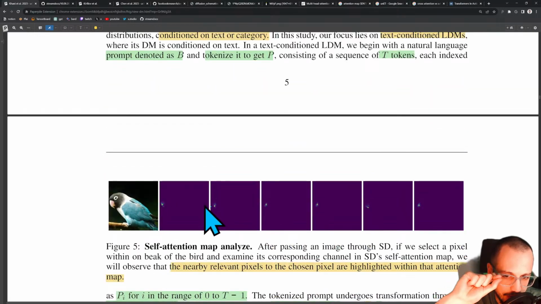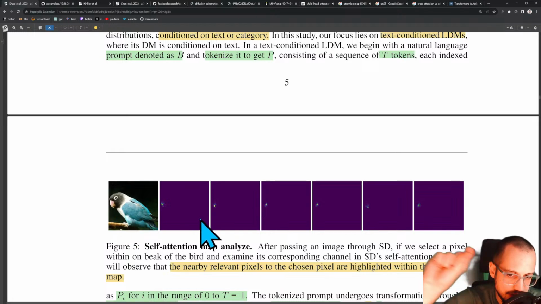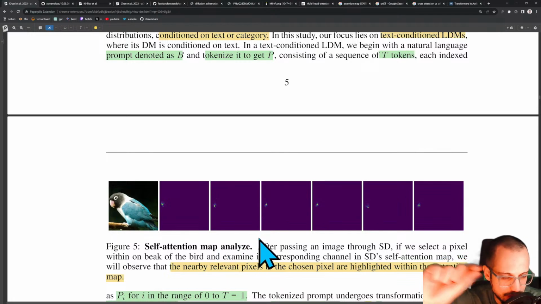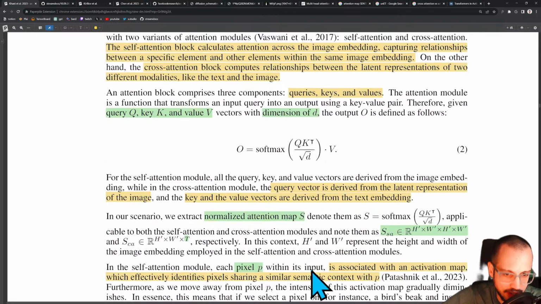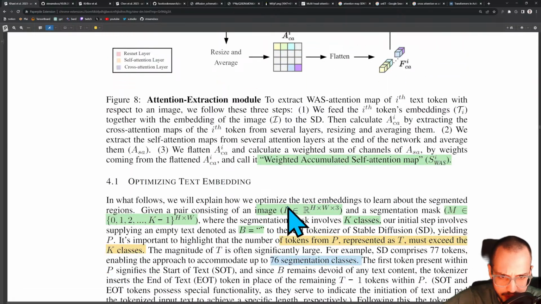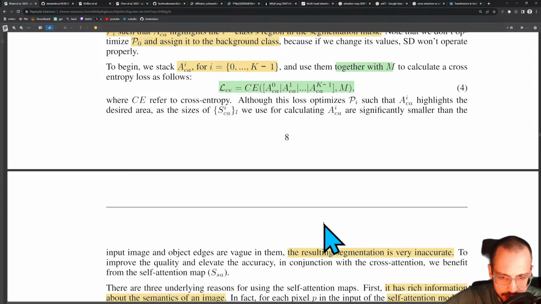It's like saying, here are the exact pixels that match or have a high attention score with the other pixels of the beak. So they're leveraging the fact that the cross-attention map has this semantic information, but the self-attention map has the very clean mask. They're combining their powers together, and that's how they're doing this. Let's keep going.